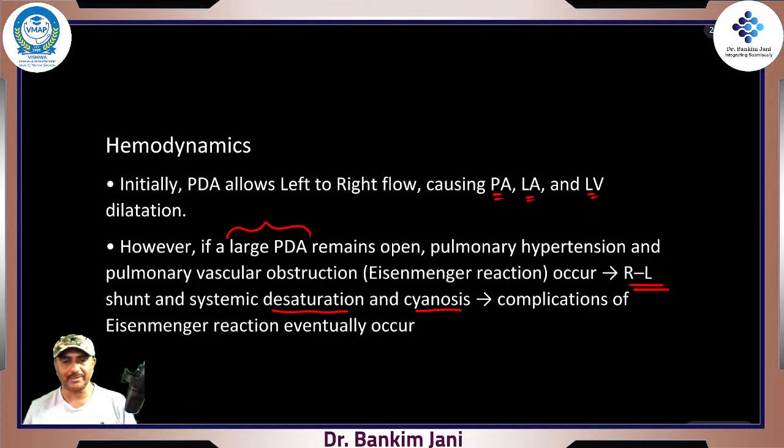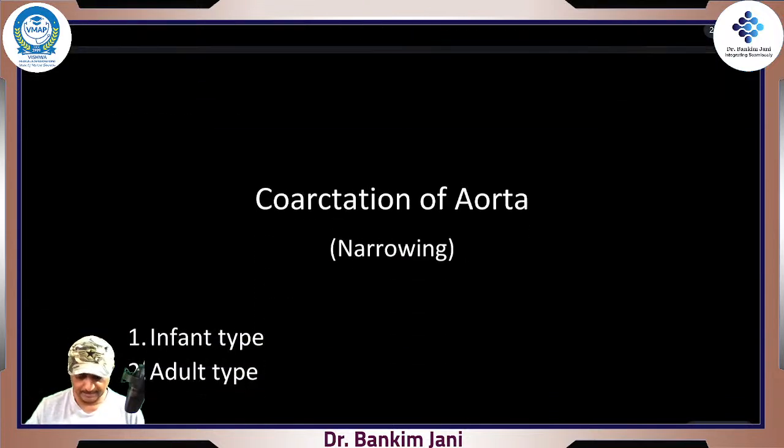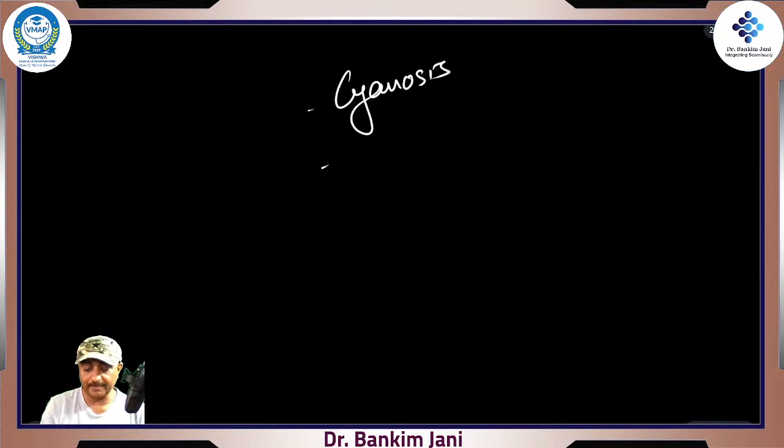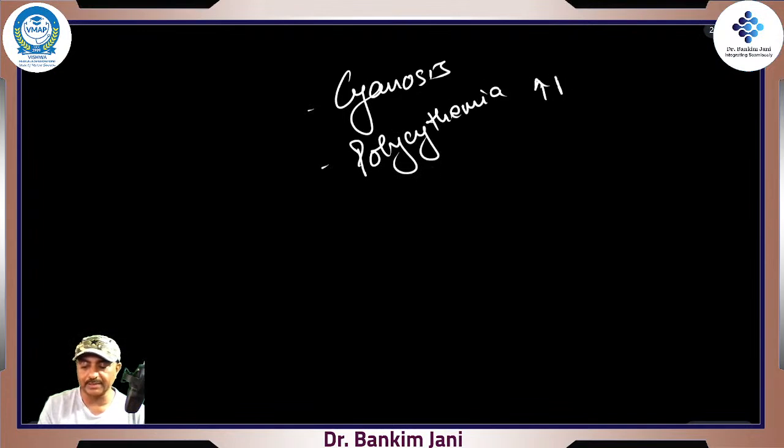Now you know it very well that somehow, if the blood goes to the opposite side, what were the major complications? Cyanosis, then polycythemia, more RBCs, which can lead to clots, and that clot can lead to stroke.